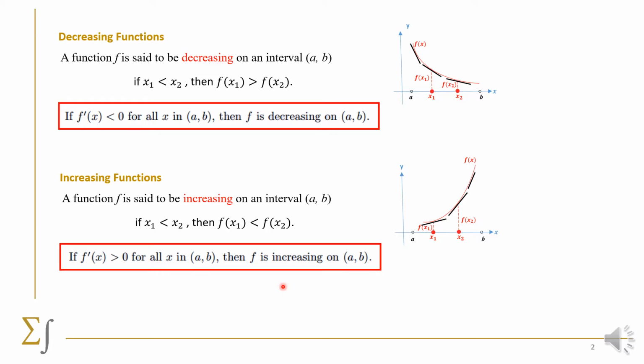Now we move on to the coming slide and see how we can find the critical value. In the present slide, we are going to talk about critical values. For a function f of x, the value x equals c is called critical, but we have to make sure that this c is in the domain of f.